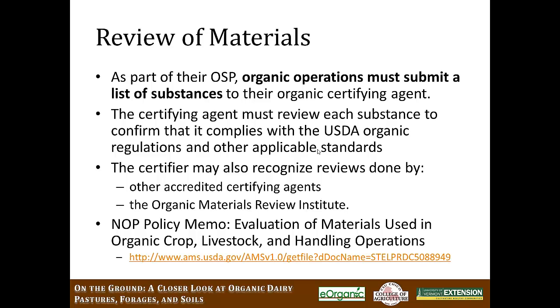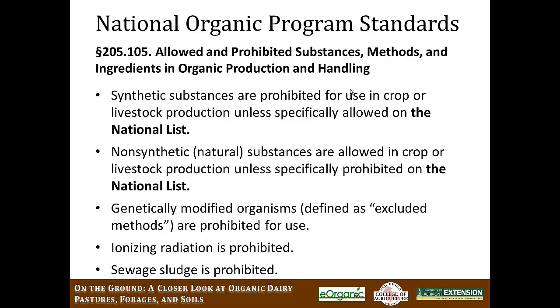There's some detail about how this certifier review process needs to happen in a National Organic Program policy memo, which is called Evaluation of Materials Used in Organic Crop, Livestock, and Handling Operations, that you can find on the NOP website.